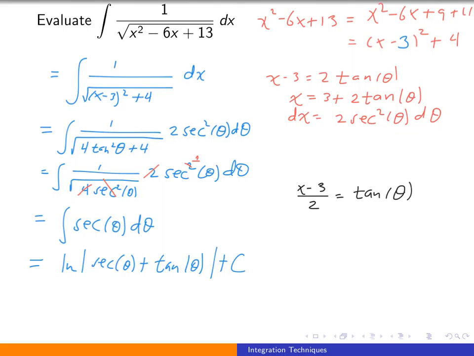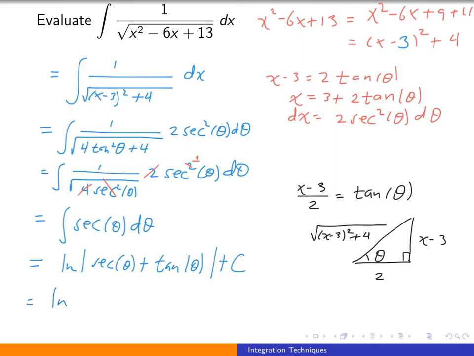And once again, we just draw that associated right triangle. So if we have our angle theta, tangent of theta is x minus 3 over 2. By the Pythagorean theorem, we can label the hypotenuse then as the square root of the quantity x minus 3 squared plus 4.